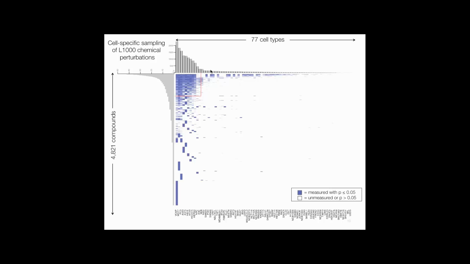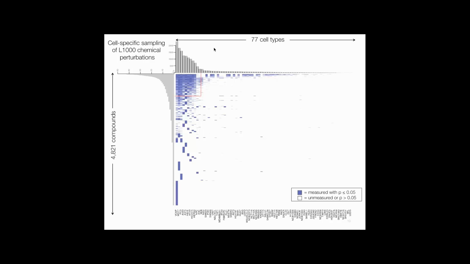The LINCS L1000 data covers 77 different cell types, and although the Broad has generated measurements for over 20,000 different chemical perturbations, what I'm showing are perturbations that have been deemed significant at an overall expression perturbation level. So just nominal significance of p-value less than 0.05, and that analysis was done by Avi Ma'ayan's lab. I'll talk a little bit more about that in a second.